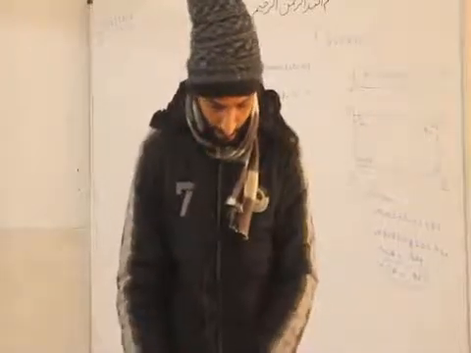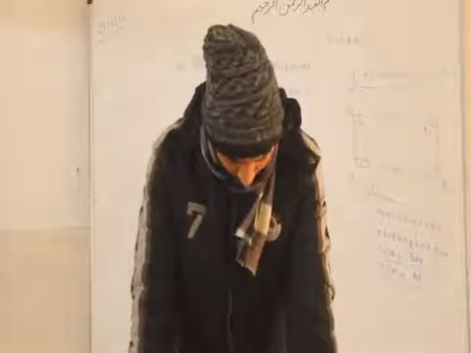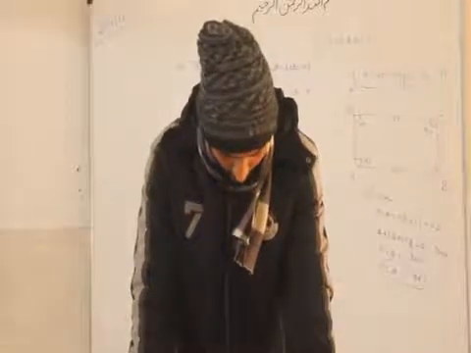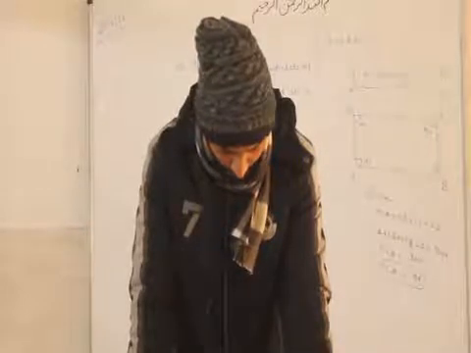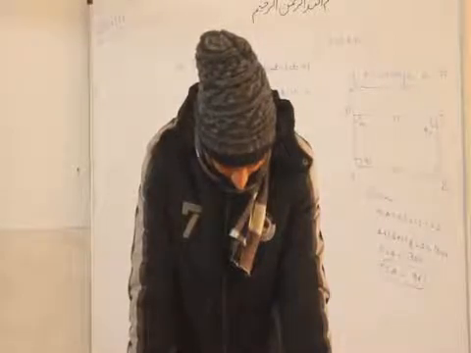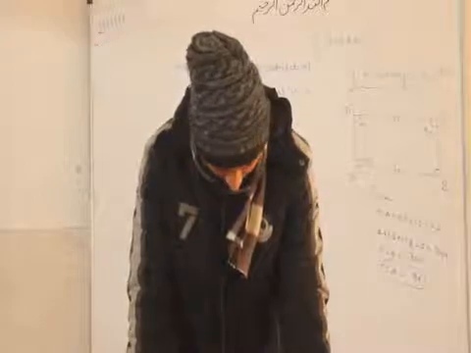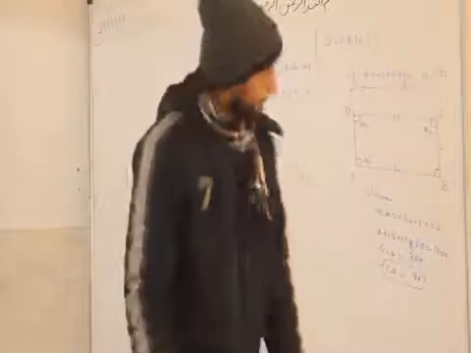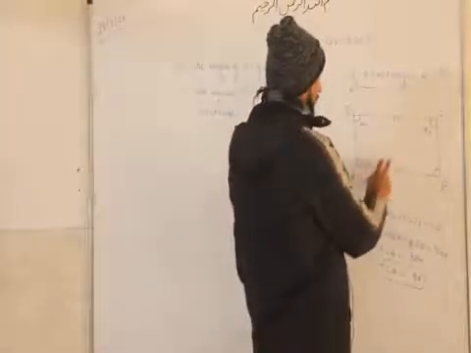Let's see the properties of a rectangle one more time. All the interior angles of a rectangle are right angles. Diagonals of a rectangle are equal. If we can prove this, opposite sides are equal.